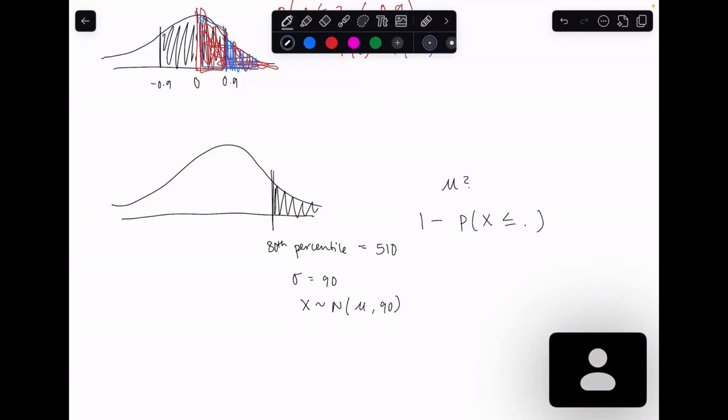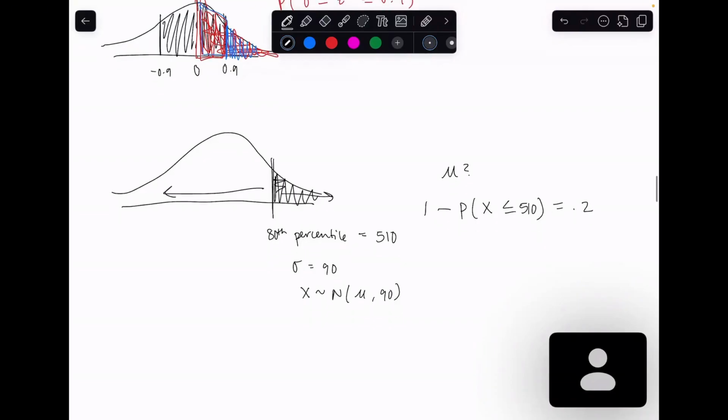Or I mean, sorry, 510, not 0.8. 510 is equal to the 0.8. This section would be equal to 0.2 actually, because if 80% lie below here, that means 20% lie above 510. And so 1 minus the probability that X is below that is equal to 0.2, because we know that this is going to equal 0.8, right?